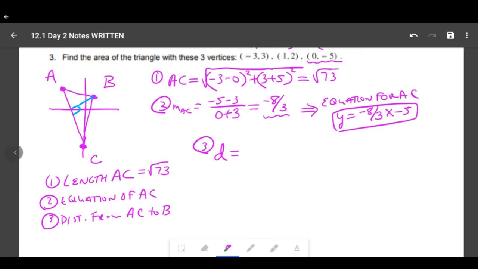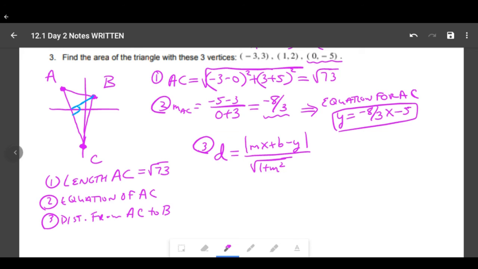D equals, now because it's in slope-intercept form, I'm going to use the first equation I gave you yesterday, which was the absolute value of mx plus b minus y over the square root of 1 plus m squared.